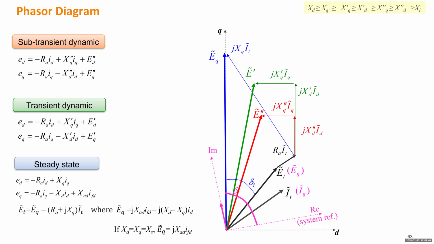So delta I is actually not the rotor angle. It's the internal rotor angle. But the rotor angle is defined to be the angle relative to the common reference. So if we know this axis to be the common reference, this angle will be delta.